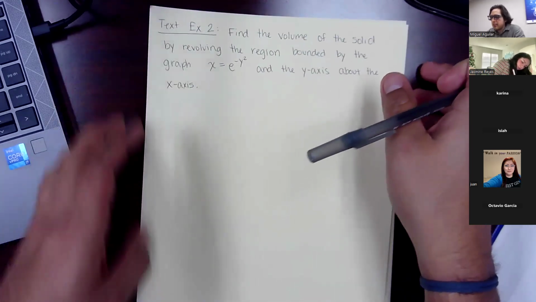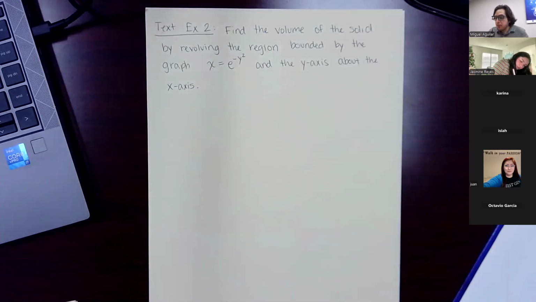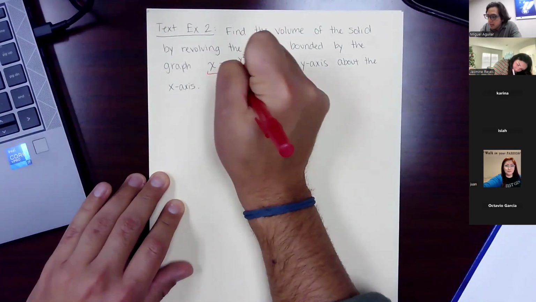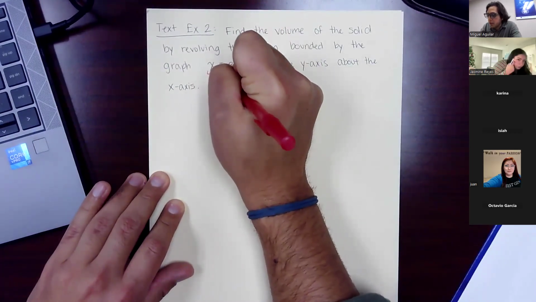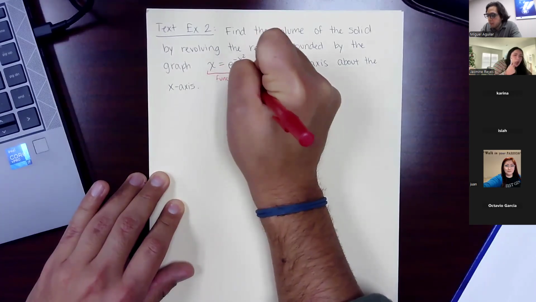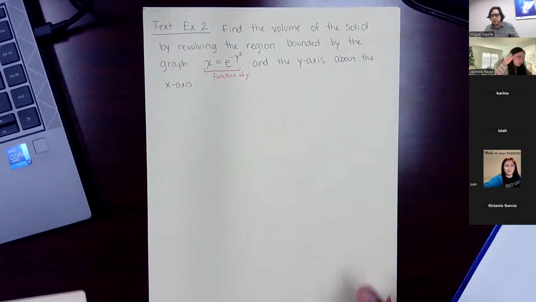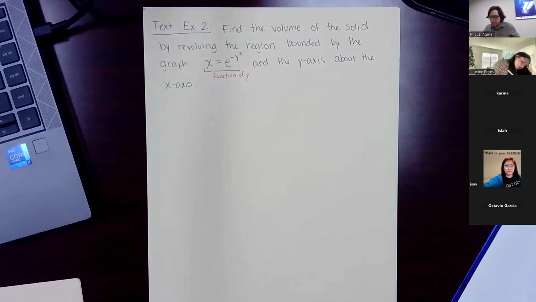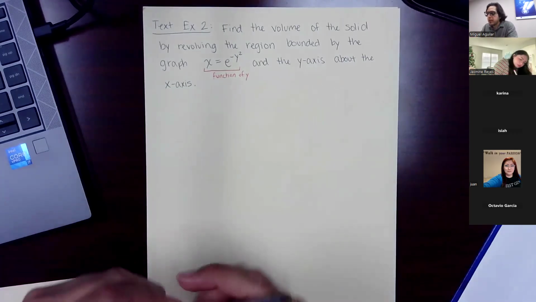The note is that we've been given this thing, which is a function of y. Okay, so let's figure out what this thing is going to look like, and then we can go from there, right? Because that's really the way we have to do this every single time.